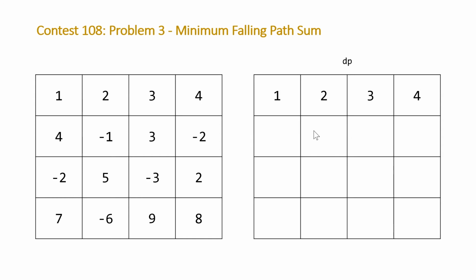If we take a look at this cell here, we can only get to this cell from the one right above it, the one to the left and above it, and the one to the right and above it.